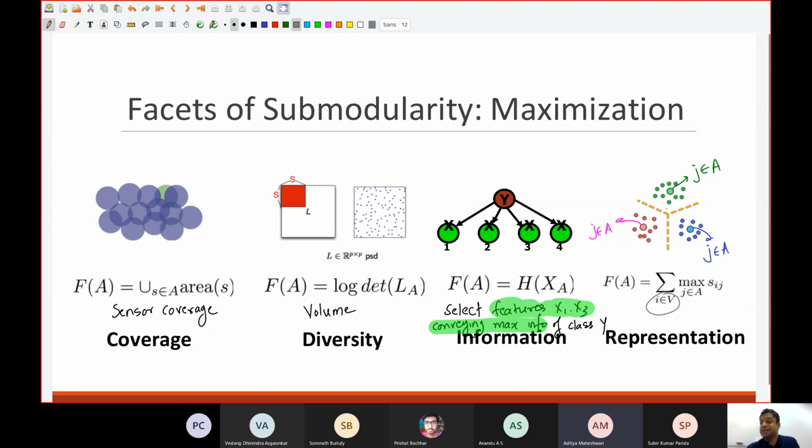And then S_ij is similarity. S_ij is saying similarity between the ith point and some, say, jth cluster representative. So find the most similar cluster representative for each point and sum this across all points. Example, right?